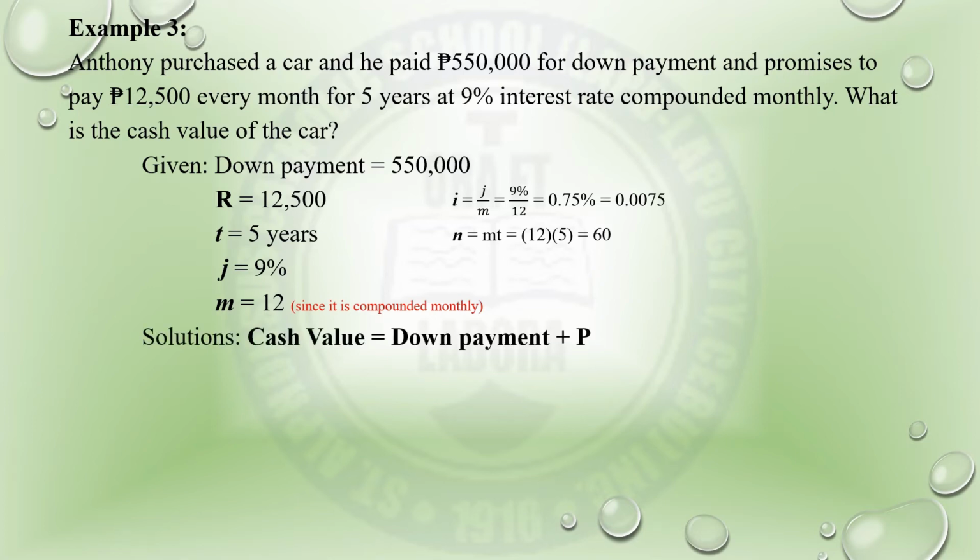So, here are the solutions. So, first, we are going to use the formula to find the cash value of a car which is purchased by Anthony.